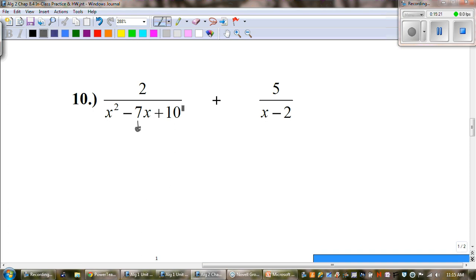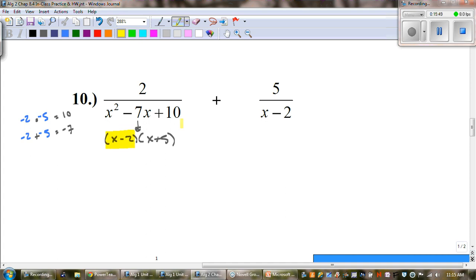We have to factor the denominator. So we're looking for numbers that multiply to get to 10 and add to -7, which are what? Should we say -2 and -5? So this breaks down to x minus 2, x plus 5.